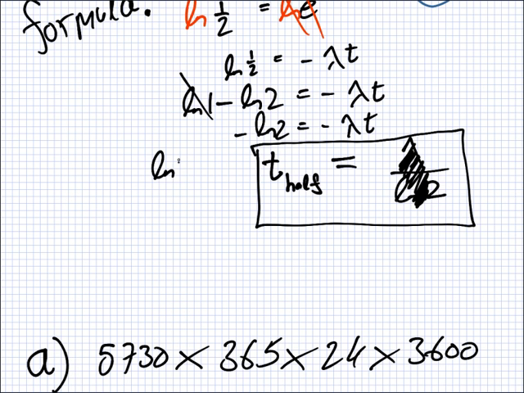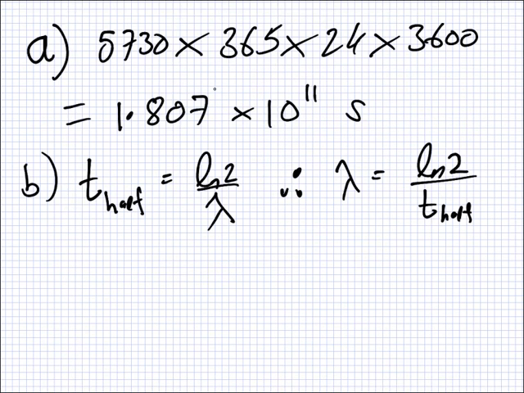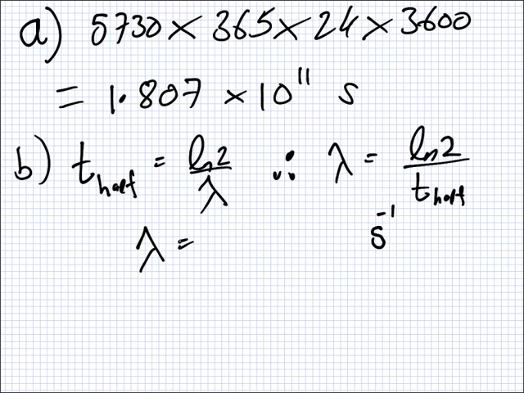It should have been log 2 over lambda. Oh, how embarrassing. Okay, so what's the lambda here then? 1.209. Yeah. Thank you. C.